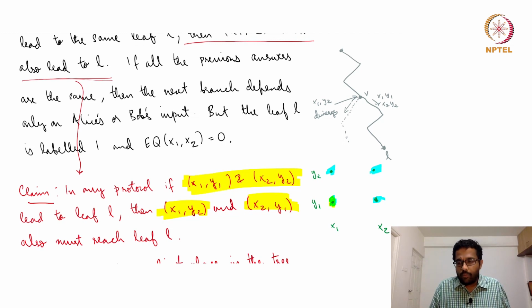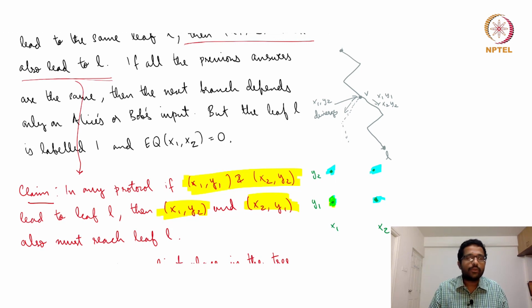Now all that Alice knows is that Alice and Bob together are at V. If it was x1 y1, she would have gone to the right. Because it is x1 y2, she goes to the left. But Alice does not know Bob's input, except for the fact that whatever Bob's input was, together with Alice's input, they managed to reach the point V. Apart from this, Alice has no other information on Bob's input.